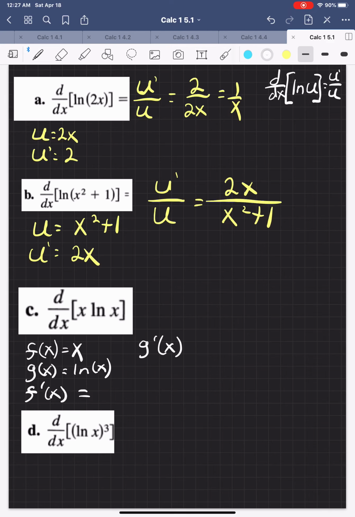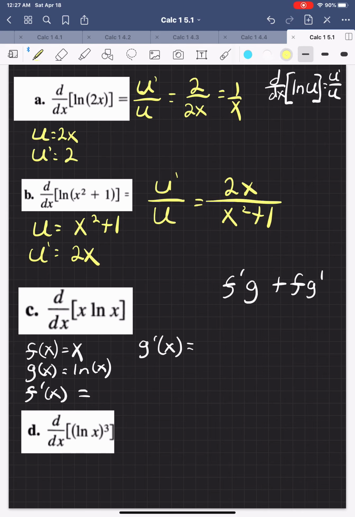But once you have all that information, it's just f prime of x times g of x. Since I am low on space, I'm just going to write it without the of x. So that's f prime multiplied by g plus f multiplied by g prime.